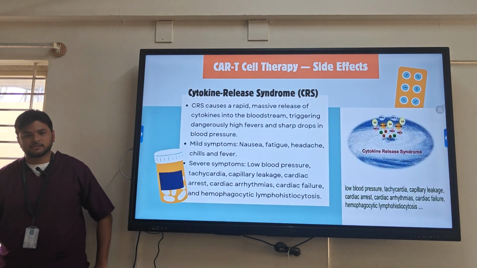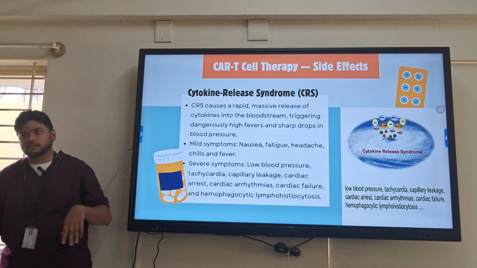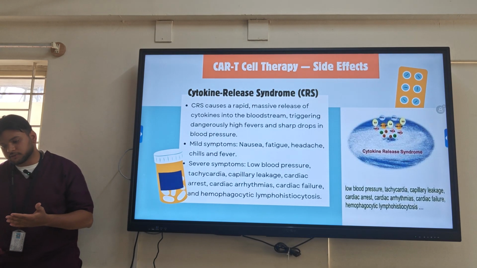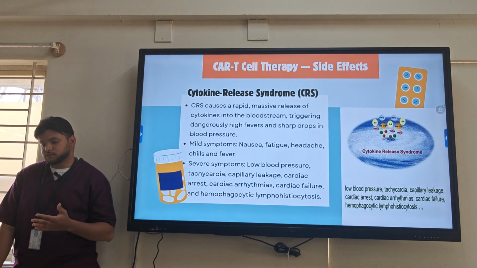Like I said, there are side effects for this. If cytokines are released in large numbers, it causes cytokine release syndrome. CRS causes a rapid and massive release of cytokines into the bloodstream, triggering dangerous high fevers and a sharp drop in blood pressure.